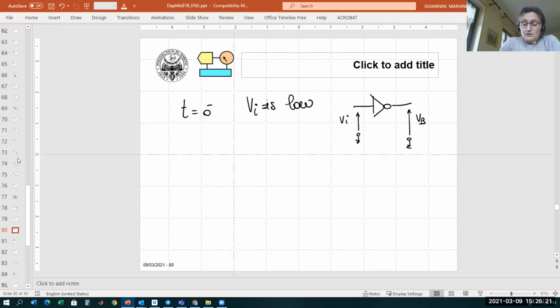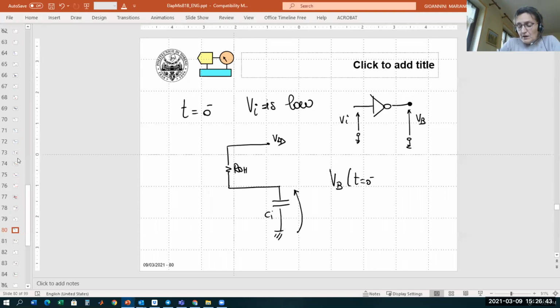So we start in an initial condition with this node directly connected to VDD. This is our initial condition. So in this case, we start with VB at T0 minus equal to VDD.